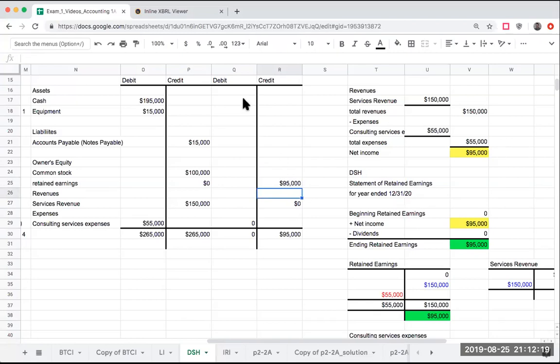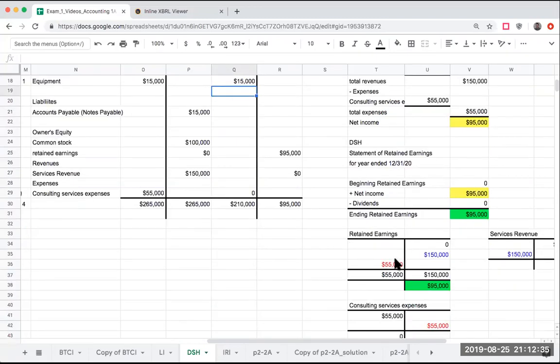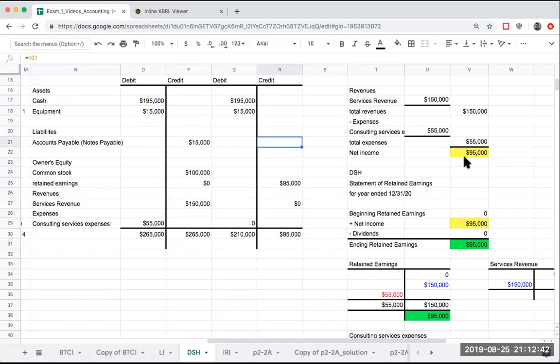So let's go through here. When I closed out the temporary accounts, did I do anything to cash? Did I do anything to equipment? No. What's really important is that when you're doing this closeout, you never close out an asset, liability, or equity account. We only close out anything that is on the income statement, and dividends.